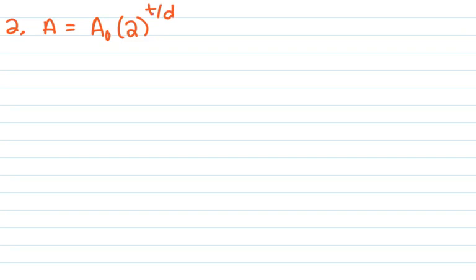So the initial amount, A0, we start with 17 bacteria. Then we need time. So the question asks, how many will there be in 2 weeks? So time is 2 weeks. And then we need D, which is the bacteria divides into 2, so it doubles every 3 days.